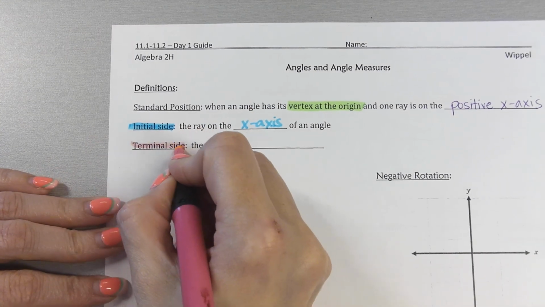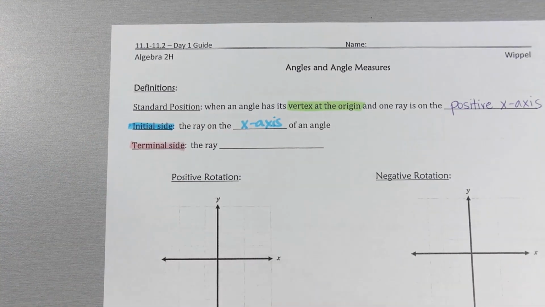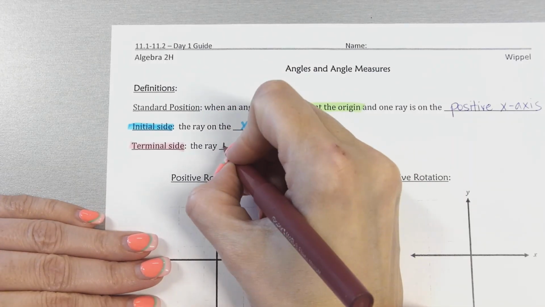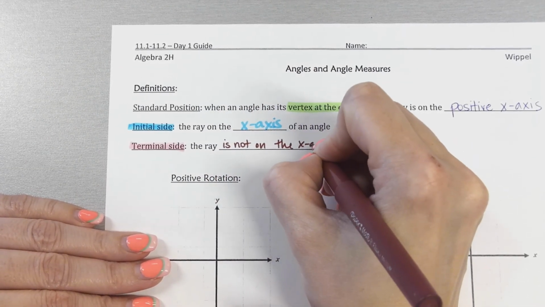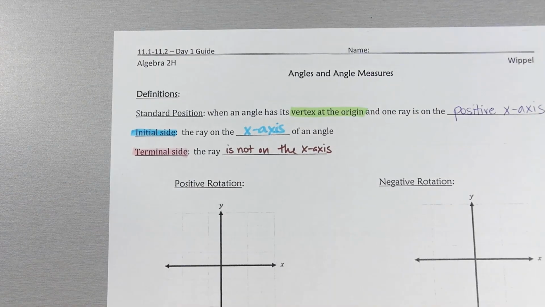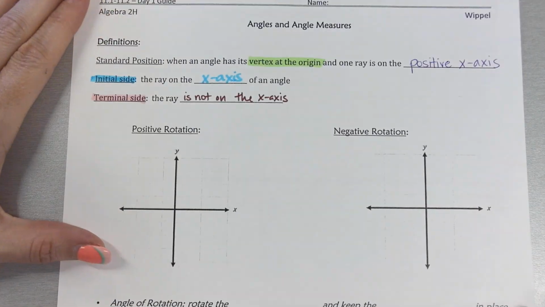And really, it's going to be anywhere. They just say generally that it's not on the x-axis. Okay, so the terminal side, the ray is not on the x-axis. So we're going to draw these so you get a better understanding of what those definitions mean.